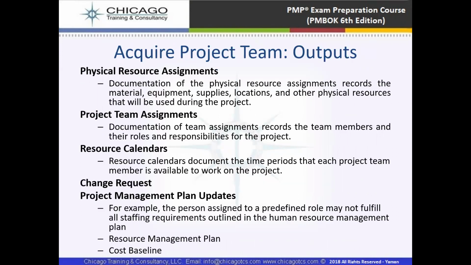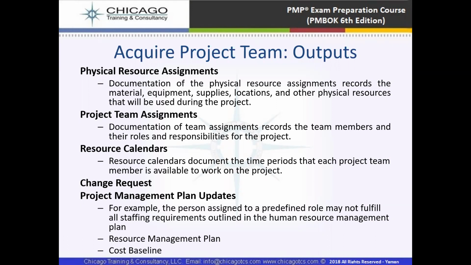And another one is the outputs, like physical resource assignments: documentation of the physical resource assignments records the material, equipment, supplies, location, and other physical resources that will be used during the project. And then we have project team assignments, where the documentation records the team members and their roles and responsibilities for the project.